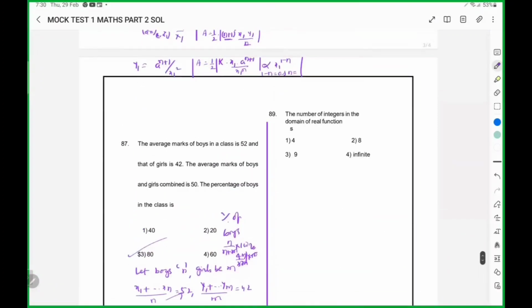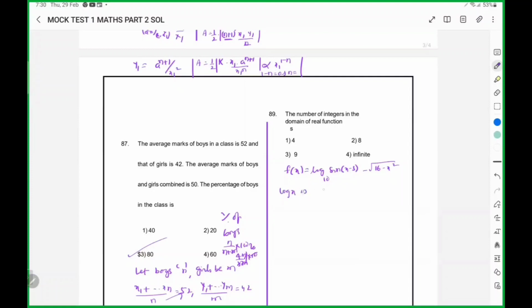Now the domain of the function. I think the function is missing. Let me check the function. F of x is equal to log sine of x minus 3 minus under root 16 minus x square.